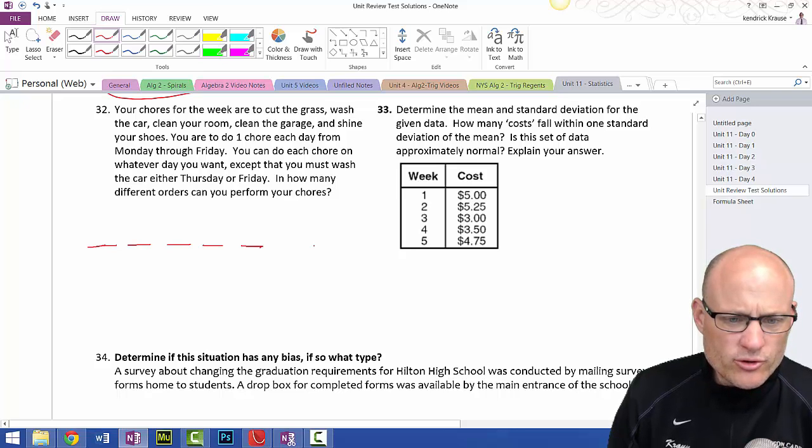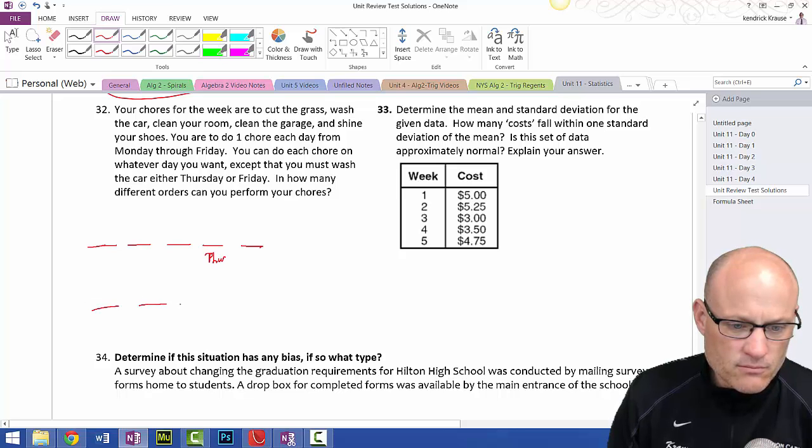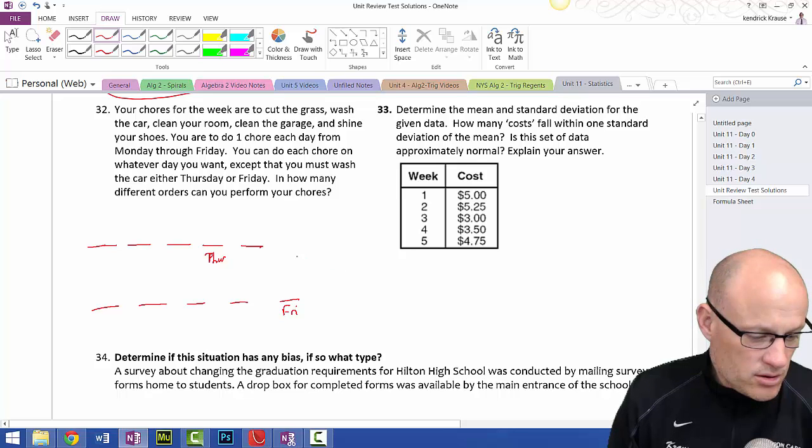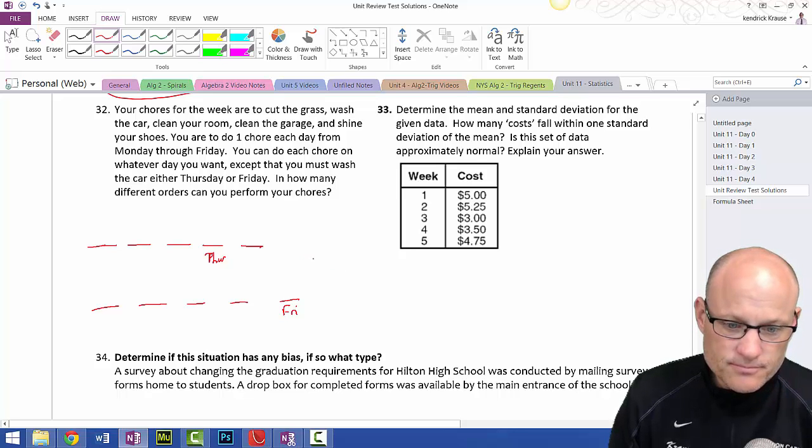You are to do 1 chore from Monday through Friday. You got 5 days, right? 1, 2, 3, 4, 5. You can do each chore on whatever day you want, except you must wash your car on either Thursday or Friday. So this is Thursday, and this is Friday.